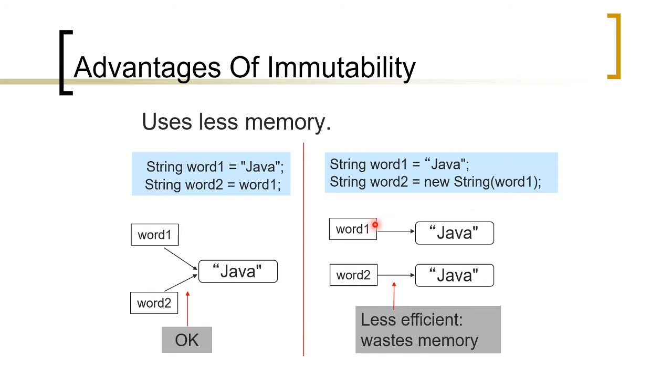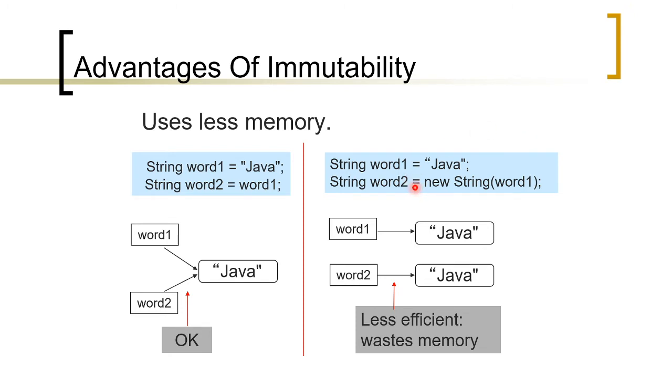So word 1 refers to Java, and word 2 refers to a different object but with the same text, which is Java. This is basically less efficient because it wastes memory. So you just do not use the new keyword.